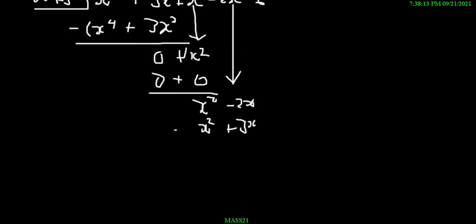We subtract. It's going to be negative 5x. Then this drops, negative 6.